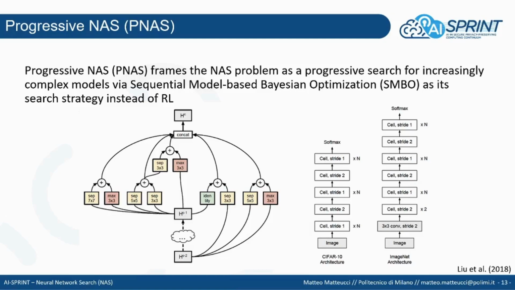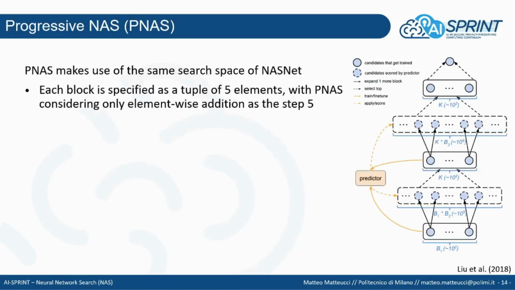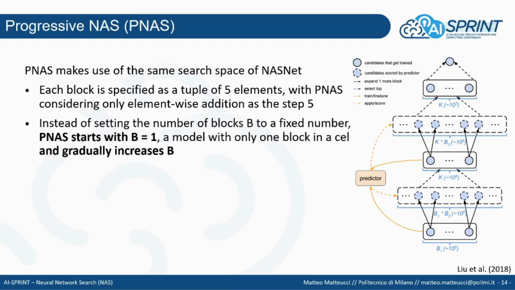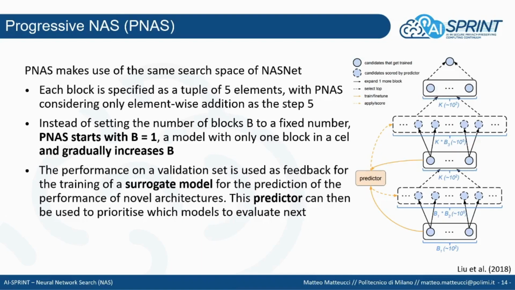It uses a sequential model-based Bayesian optimization instead of reinforcement learning, and this helps in reducing the complexity as well. PNAS makes use of the same space of NASNet with the 5-element blocks forming a cell, but the only difference is that instead of setting the number of blocks to a fixed number, it starts with a single block and then increases its complexity.